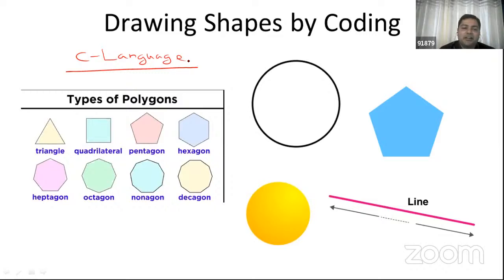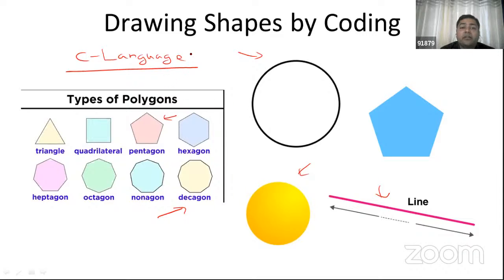So what can we draw in C language? Obviously shapes. What kind of shapes? Rectangles, circles, filled circles, lines, arrows, polygons, pentagons, hexagons, etc. Combining these things will definitely create something good, something interesting to see, right?